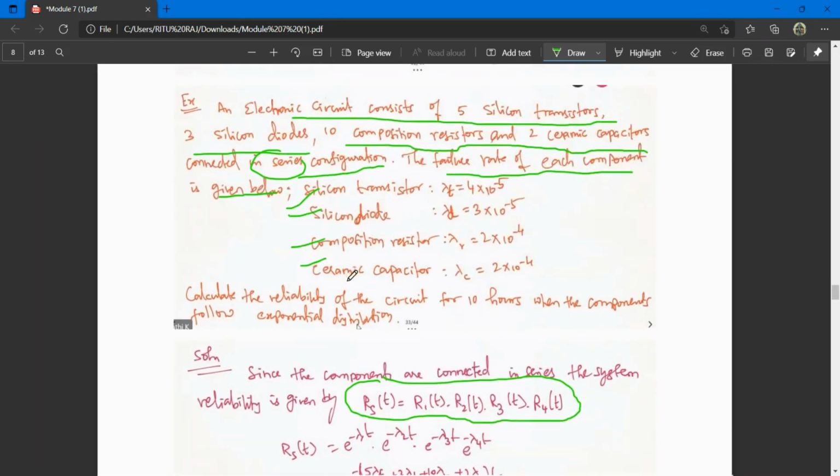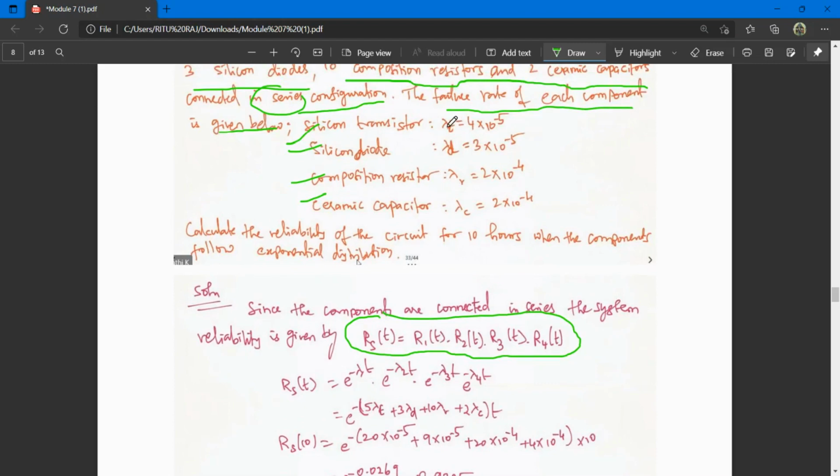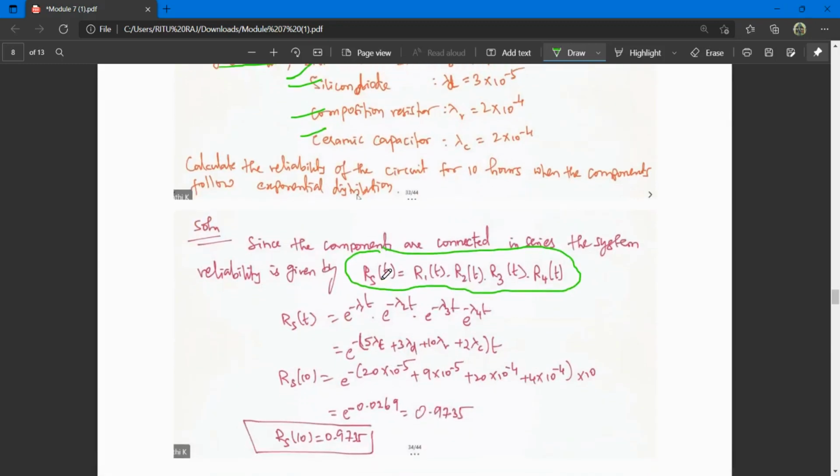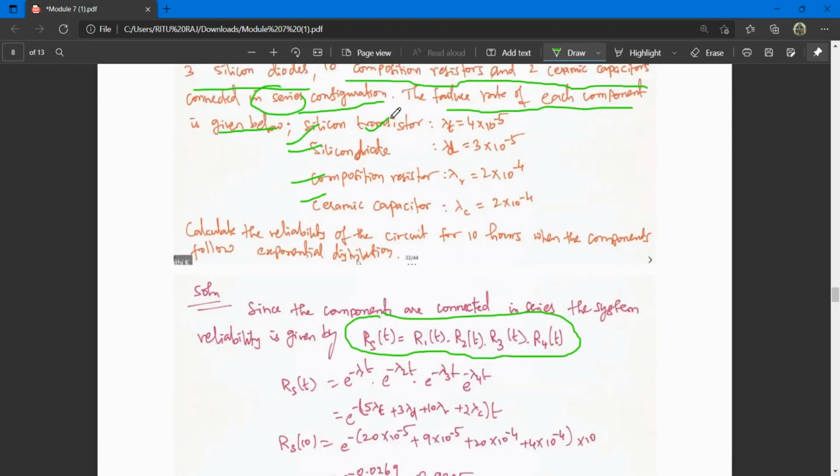Now put the formula in exponential form: e to the power minus lambda 1 t, where lambda 1 is the failure rate. R1 is for silicon transistor, R2 is for silicon diode, R3 is for composition resistor, and R4 is for ceramic capacitor. So just write the functions.